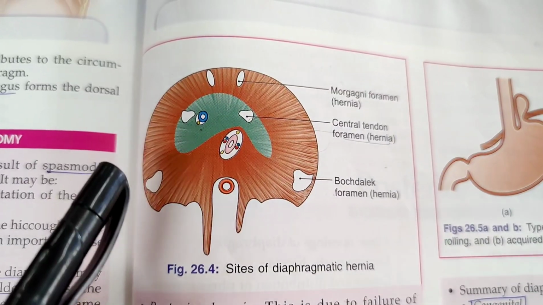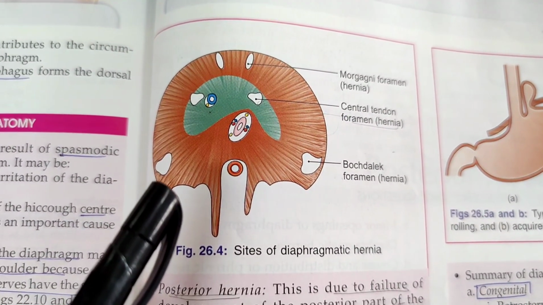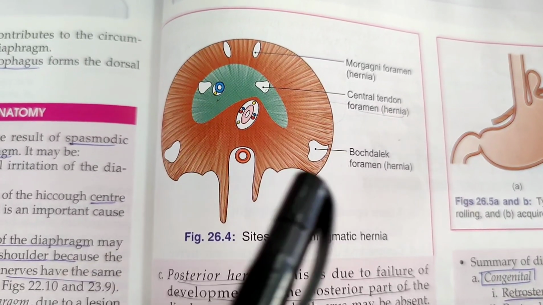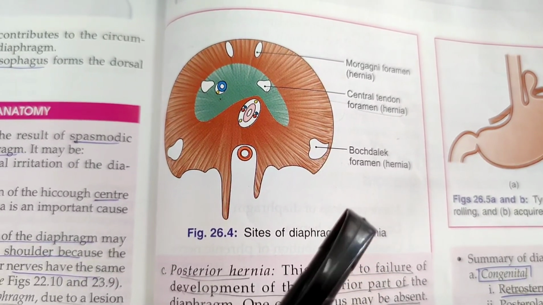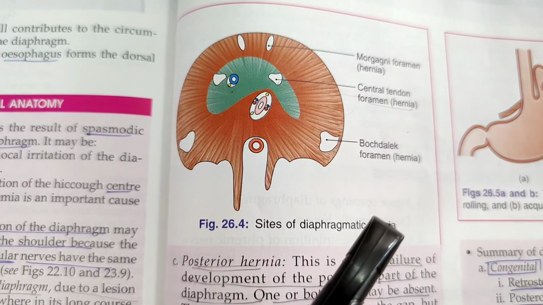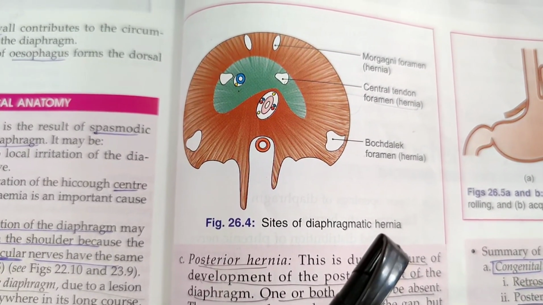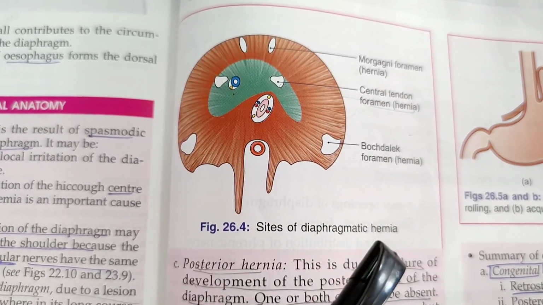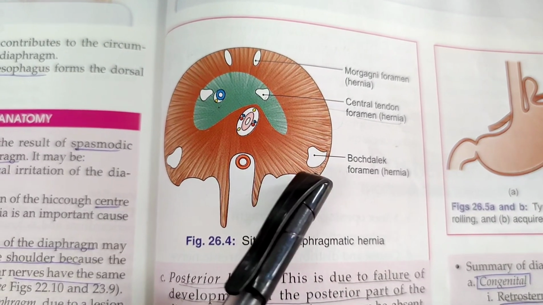Another hernia is Bochdalek hernia, or we can say there is a triangle known as the Bochdalek triangle. This hernia through this triangle may develop due to the failure of the diaphragm to arise from the lateral arcuate ligament.